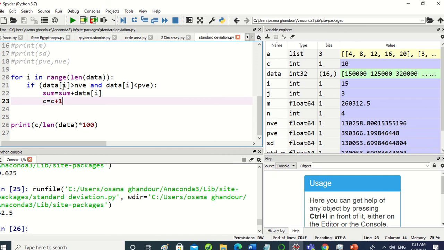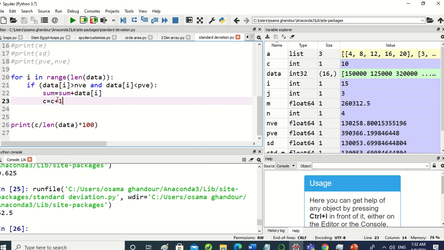I examined here the first element, which is data of 0, and then I will go back in the for loop, and i will be the next value, which is 1. So data of 1, then compare data of 1 with the negative peak and the positive peak. If it's greater than the negative peak and at the same time less than the positive peak, I will calculate it and increase the counter by 1, and so on.